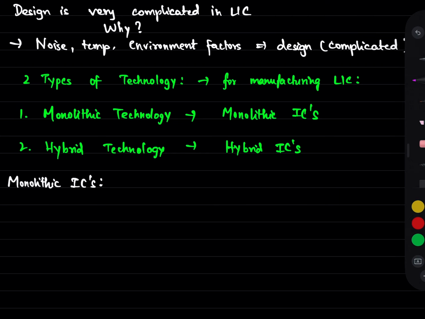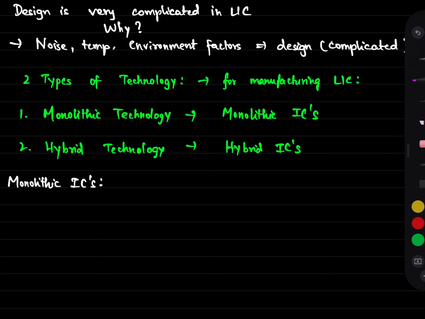That means we have one single silicon chip, and we add the active components such as transistors, we add the passive components such as resistors, and we interconnect these different components on the same single silicon chip.